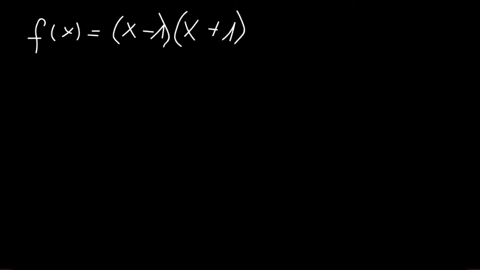You could apply the product rule here, but it's not really helpful because it would consume time, and that's completely not necessary. We can rewrite this as x squared minus 1. That's what you would get if you multiplied x by both members and minus 1 by both members.